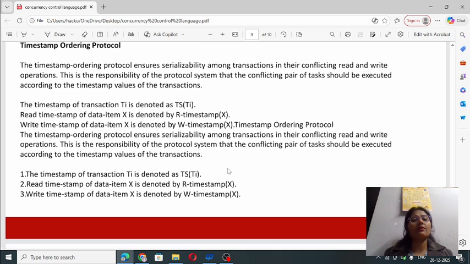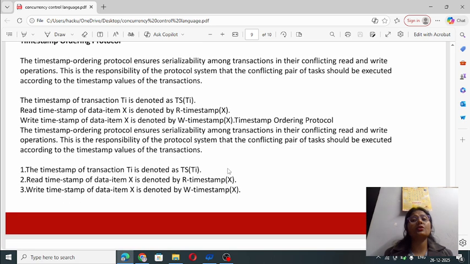Timestamp ordering is a protocol for handling conflicting reads and writes. The conflicting types are read-write, write-read, and write-write. It is the responsibility of the protocol system that conflicting pairs of operations be executed according to the timestamp values of the transactions.